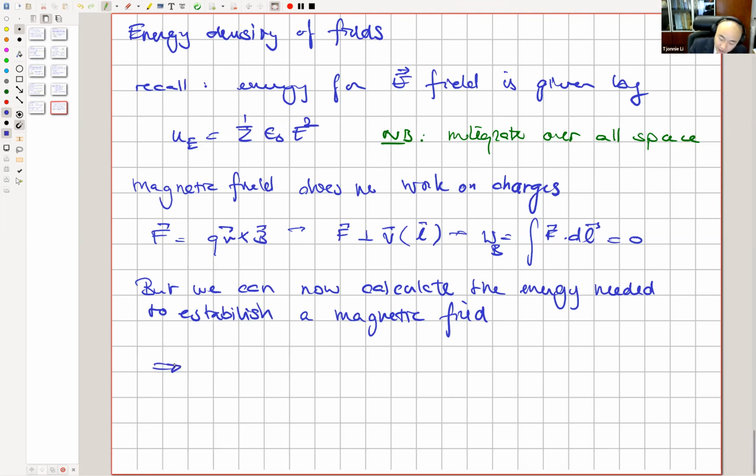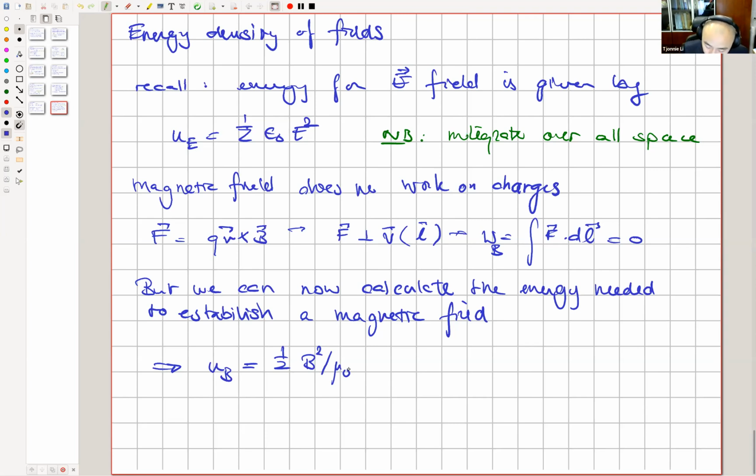I'll actually go all the way to the end and give you the expression, which you ought to more or less be able to guess: the magnetic field energy density is just a half B squared over mu naught. So this is the thing that we hopefully set out to prove in the remainder.